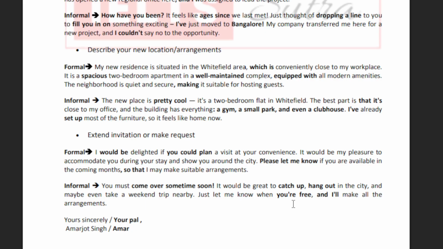So in this part, in case of formal, I would say that I would be delighted if you could plan a visit at your convenience. So look closely. Here we are using more polite modals like would, could, right? And it would be my pleasure to accommodate you during your stay and show you around the city.